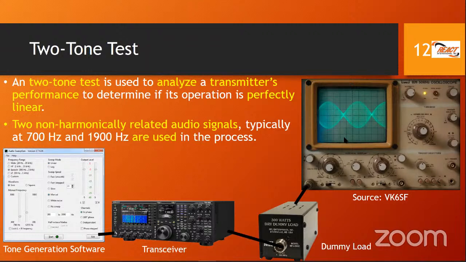So that attenuated signal is what we observe, and we see a nice clean scope, and then we can say yes. As a result of what we're seeing, we are injecting two non-harmonically related audio signals, and we're getting a nice scope view, and we can conclude that the transmitter's performance is perfectly linear. That's the two-tone test.